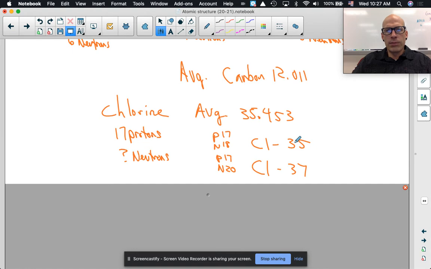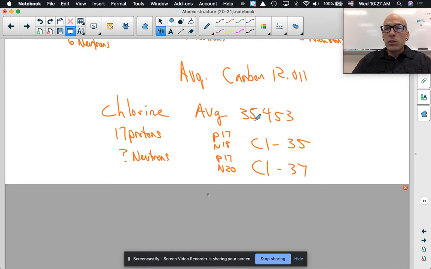Again, these two have to add up to the mass number, which tells you what isotope we're talking about. All right. Now, what does the average here, 35.453, tell you about which one of these is more common? Hopefully you can see that 35 must be more common because the average is closer to 35 than it is to 37.